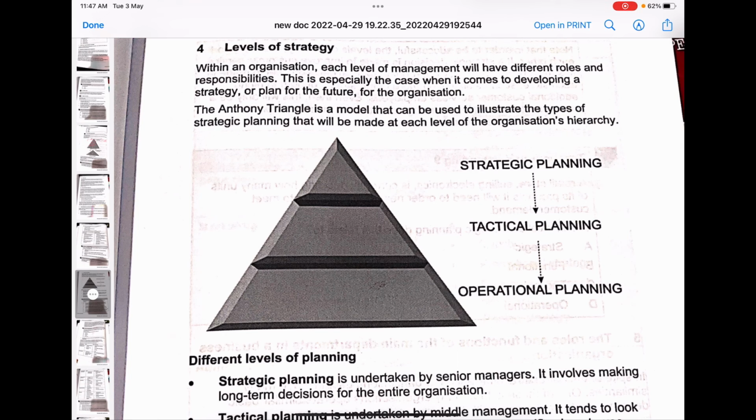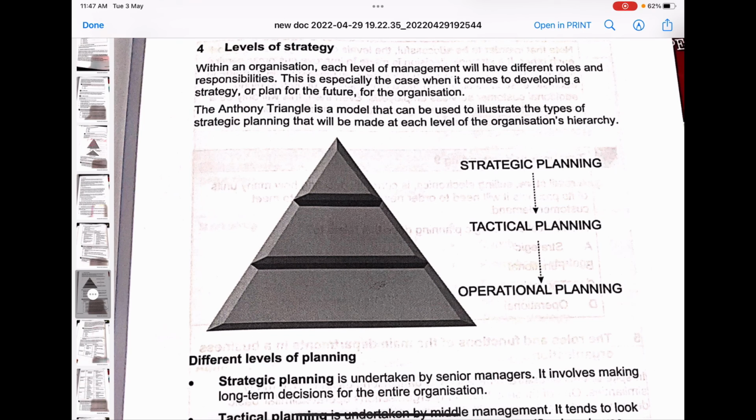AIDA: A stands for awareness, not advertise. It begins with awareness, interest, desire, and action. So statement one is wrong. It's not advertise, interest, desire, action. It's awareness, interest, desire, and action. So B is correct.